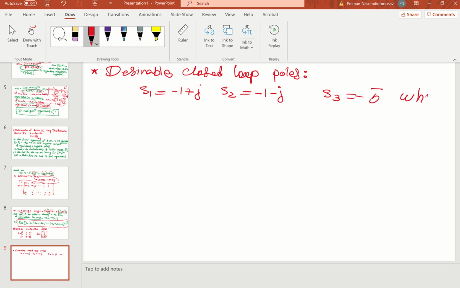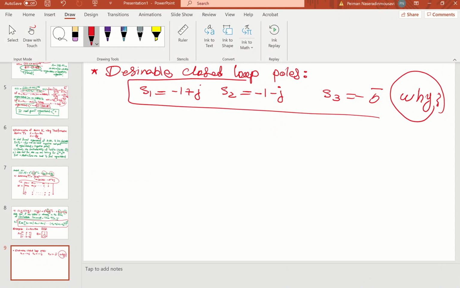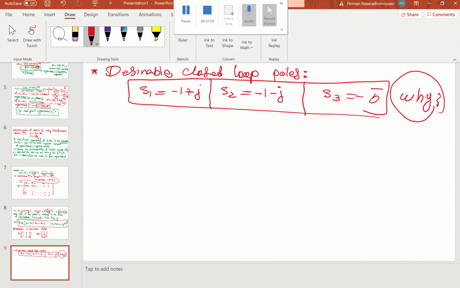First of all, why does your boss want these desirable poles or eigenvalues of the system? You don't have to be blind, guys. You have to have vision. First, I taught you this in undergraduate control and vibration. As I said, we want the real part to be what? To be negative.